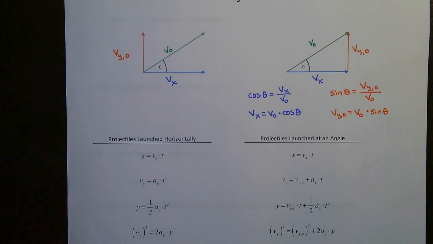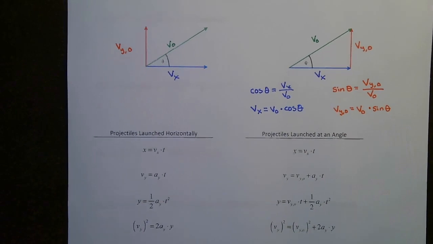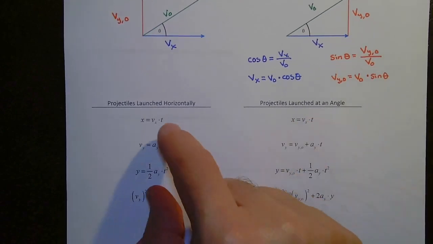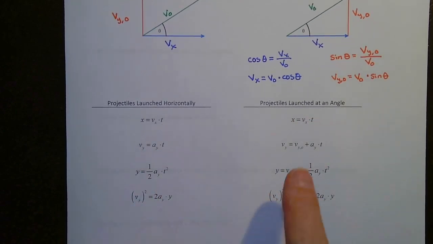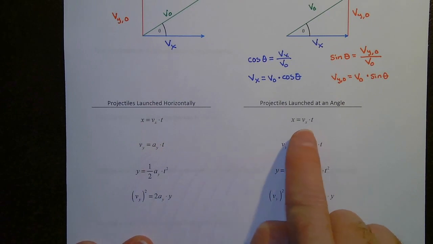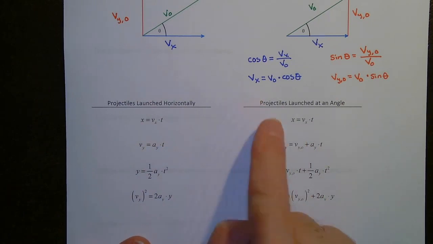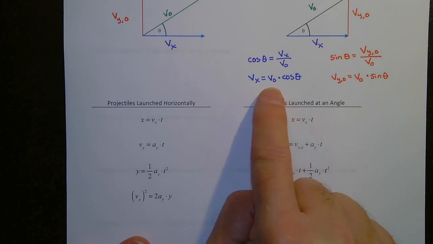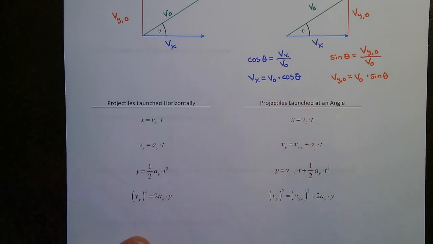Okay, so now let's talk about projectiles launched horizontally and at an angle. These equations were used to get these, all right? It's just that some of these became 0 when it was launched horizontally, if you remember. So right here, this V sub X, we know now that when it's launched at an angle, this V sub X becomes V sub O times cosine of theta.